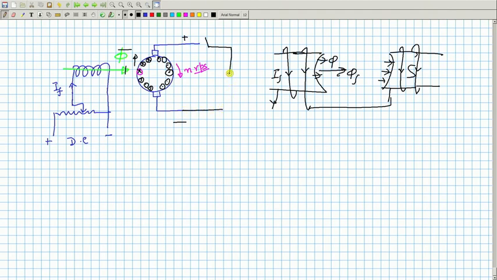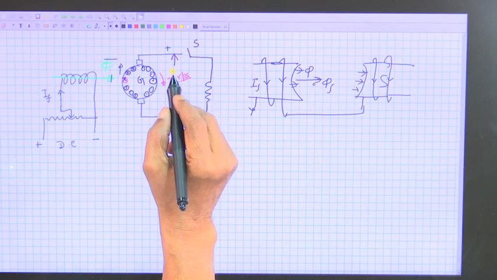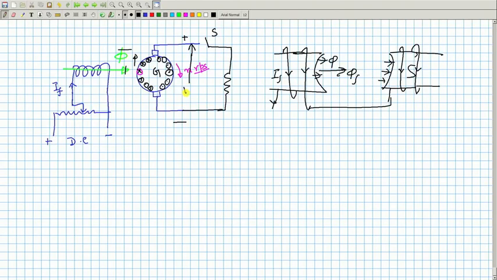So, loads will be, if it is generator mode, that is what I have assumed, I will connect a resistive load, switch is opened. With switch open, this voltage here is the open circuit voltage, is given by P z by A phi into N, so much volts you will get.